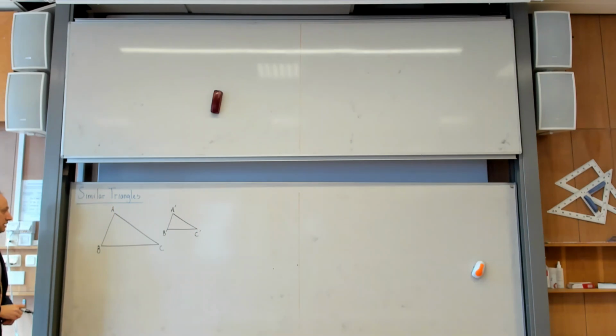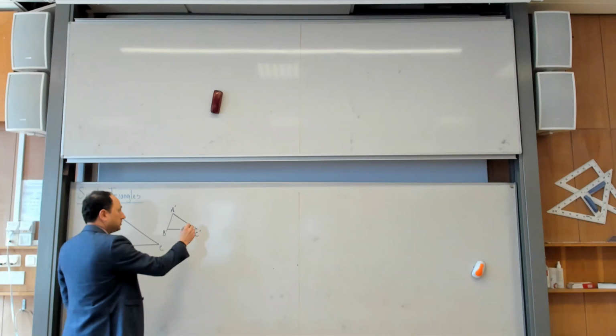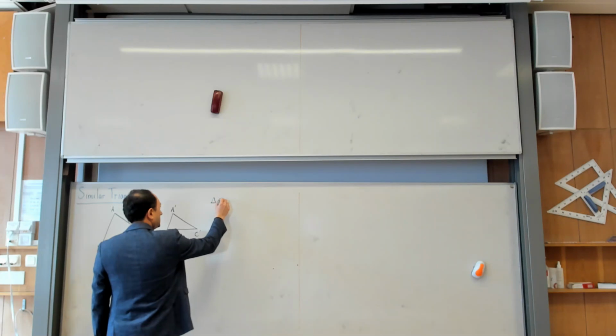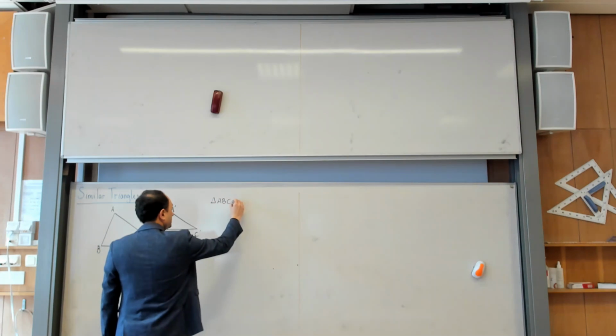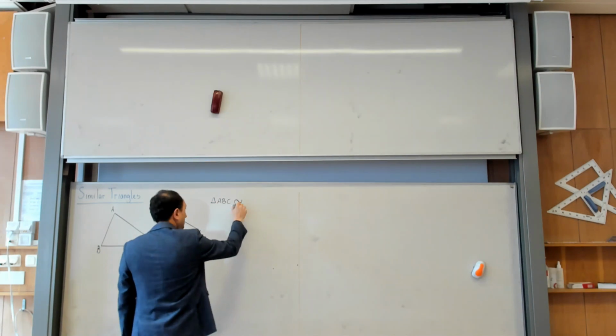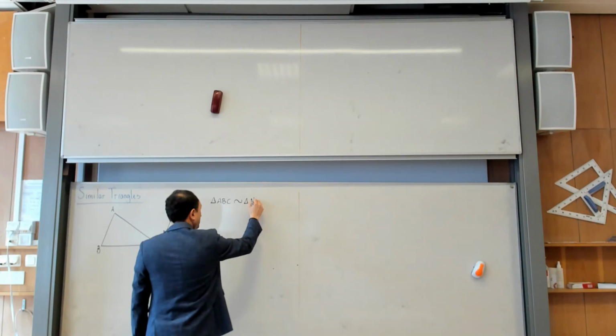I would say that these two triangles are said to be similar, and I use this symbol for that. I would say triangle ABC, I use this symbol, similar to the triangle A prime, B prime, C prime.